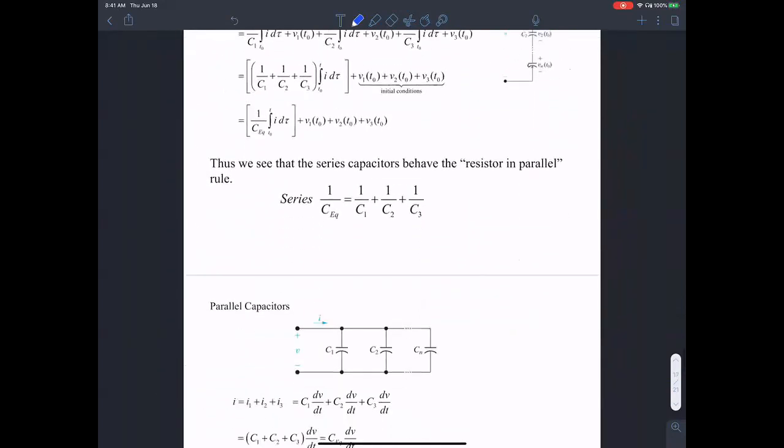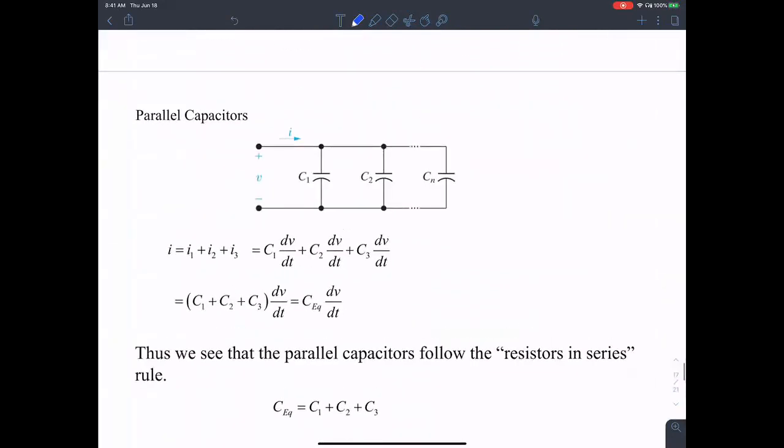Let's start with capacitances in parallel. If I have three capacitances in parallel, the equivalent capacitance is simply the sum of individual capacitances, owing to the fact that the same voltage is applied across all three capacitances because they're in parallel.